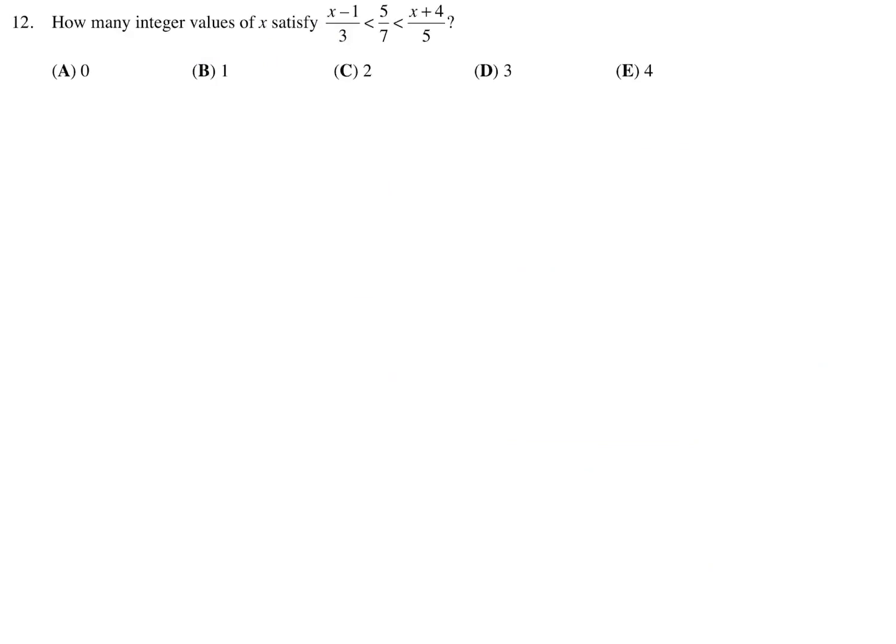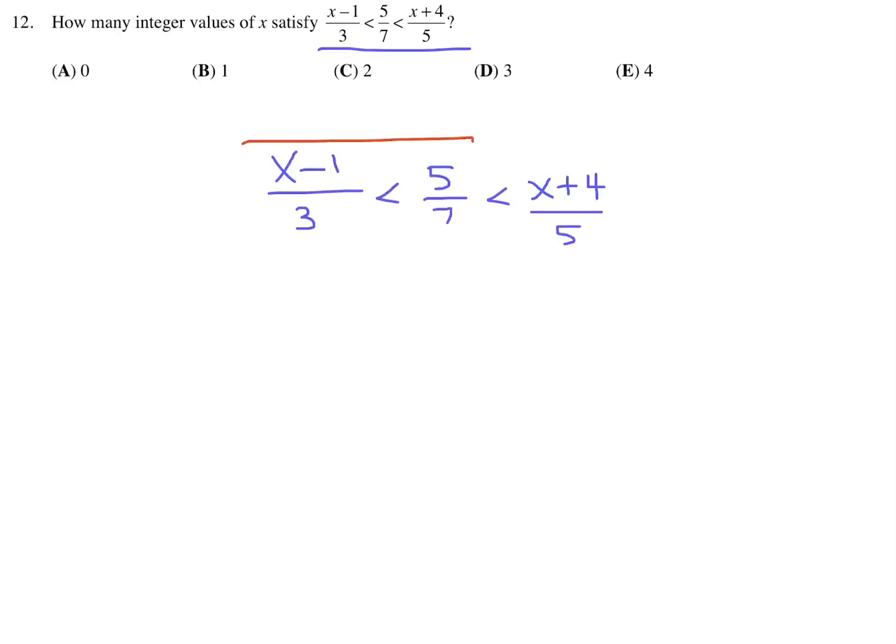How many integer values of x satisfy x minus 1 over 3 is less than 5 over 7, which is less than x plus 4 over 5? So write this out like that. And first I will just look at the first 2 right here.